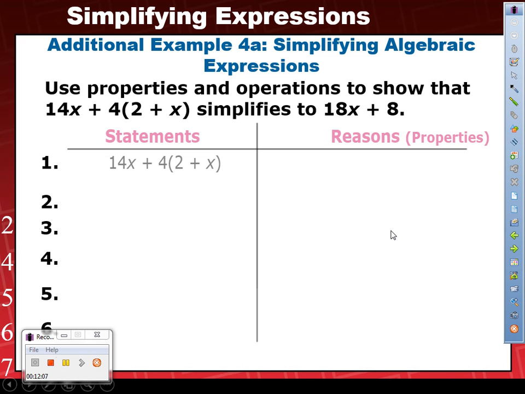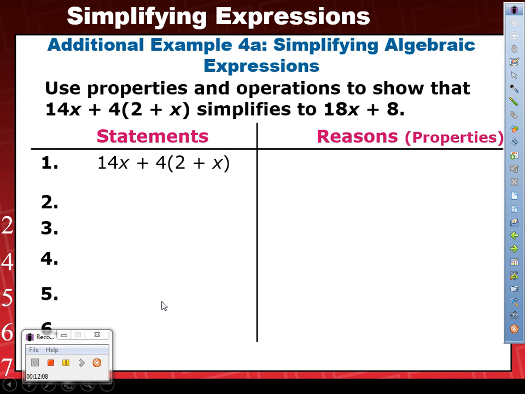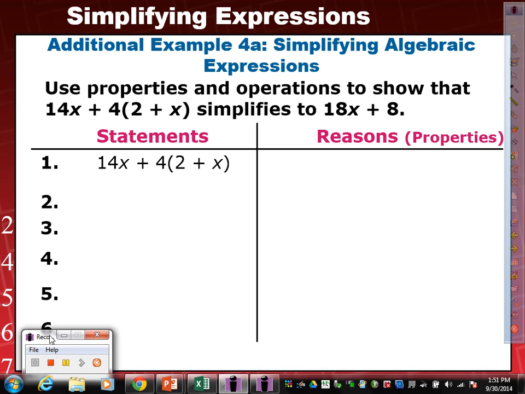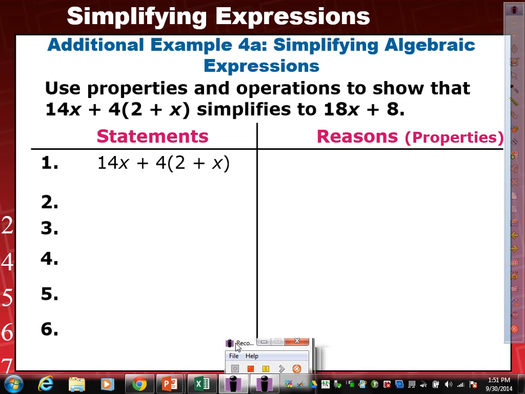Copy this table. It has a column titled statements, and the column for this one is titled reasons or properties. And then I'm labeling the steps. It's got steps, and for step 1, I write 14x plus 4 times 2 plus x. Copy that.